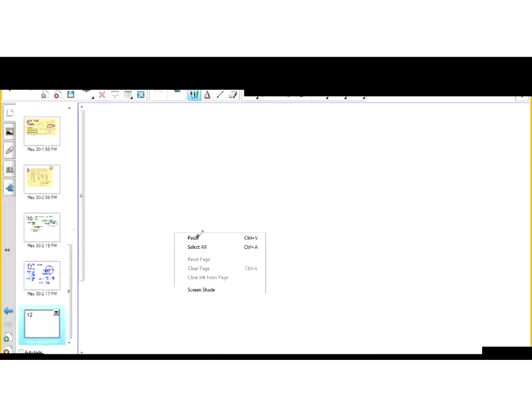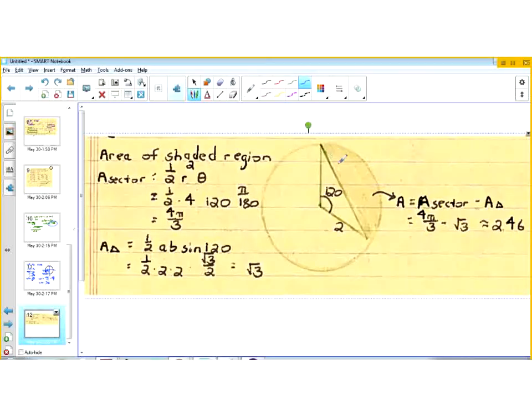So let's do something like this. We want to find the area of the shaded region, which you can see. So it's this area bounded between the circle and this inscribed triangle, and this is the center.